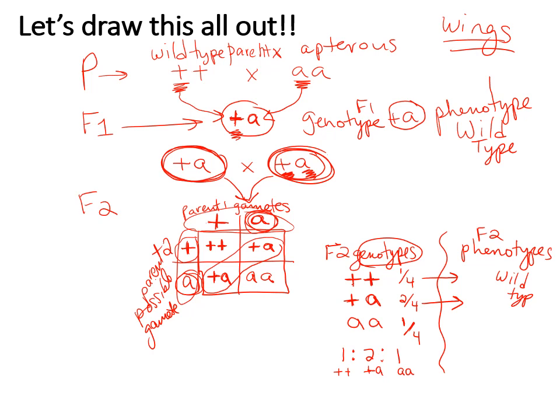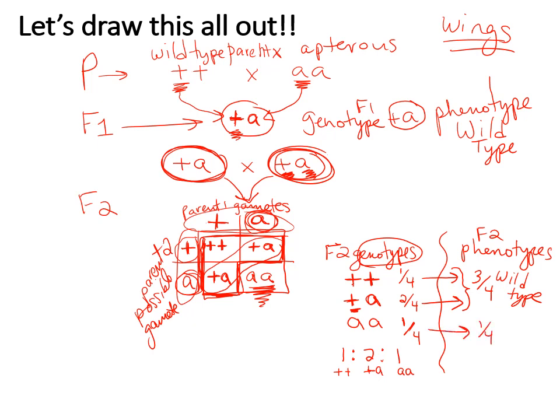The heterozygous, because as soon as you see any plus mark, it's going to look wild type. So now you have 3 out of those 4 options that look wild type, whereas the only one that will look apterous because it has fully apterous recessive alleles is the last one.